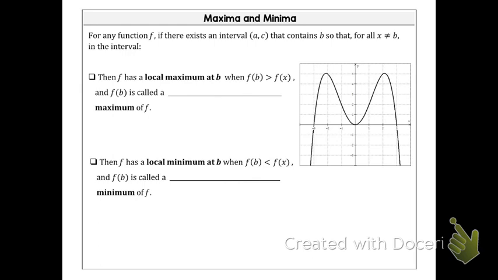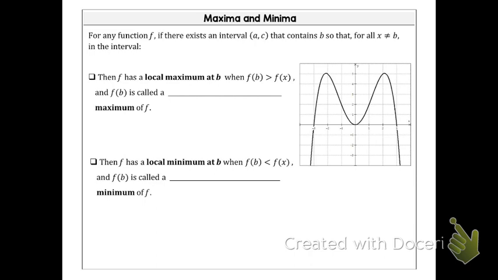All right, so for any function f, there exists an interval from a to c that contains b, so that for all x not equal to b in the interval, then f will have a local maximum at b if the y value at b is greater than the y value of x, and f of b is called a local or a relative maximum of f.